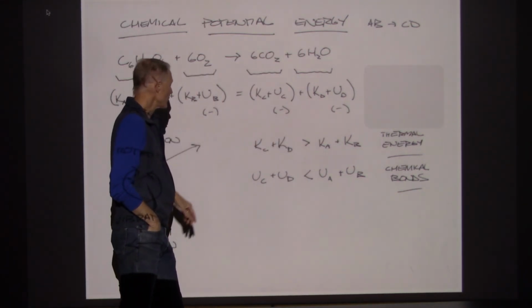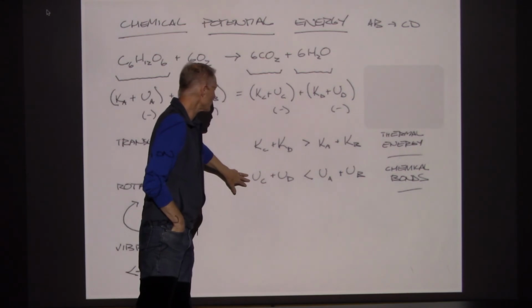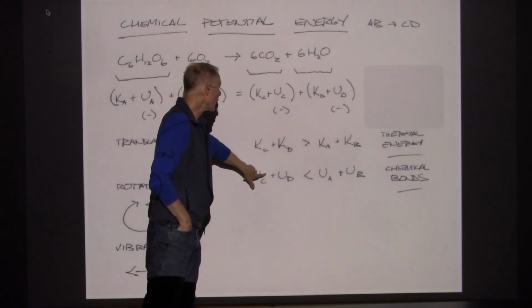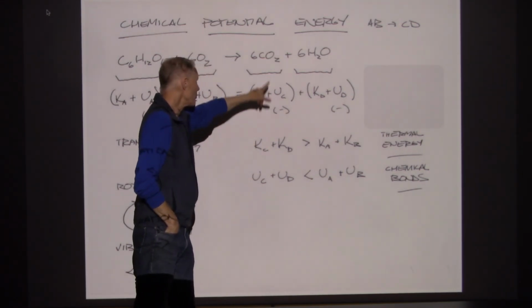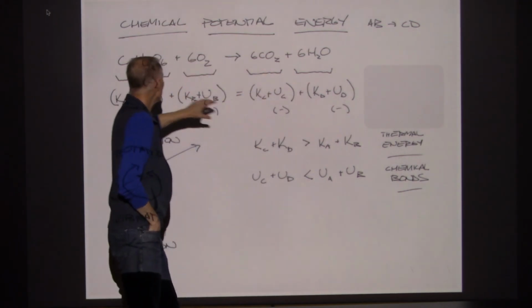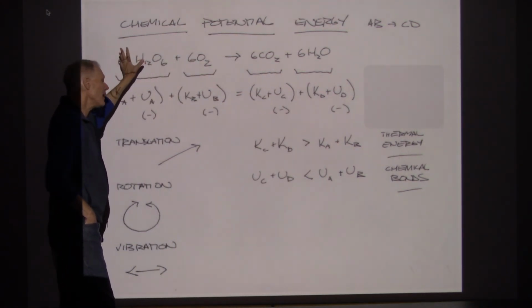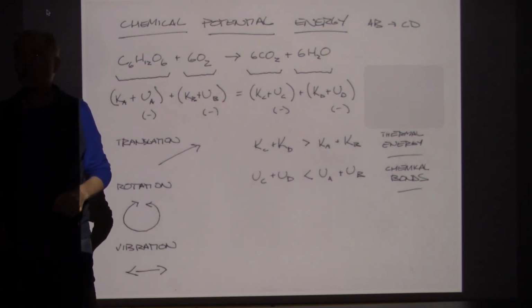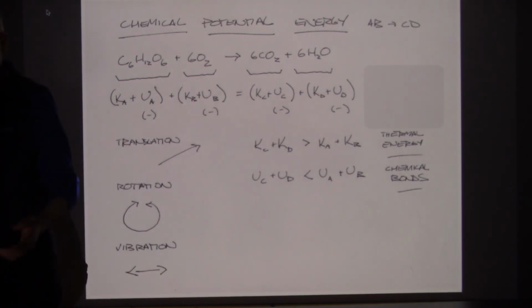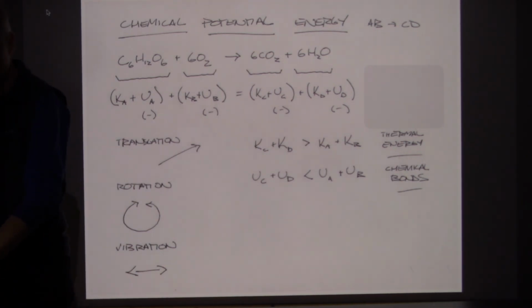What that tells us is that the potential energies that we end up with are much deeper in these particular chemical bonds than they were here. And that's it. Chemical potential energy and chemical bonds are all based on these potential energies.